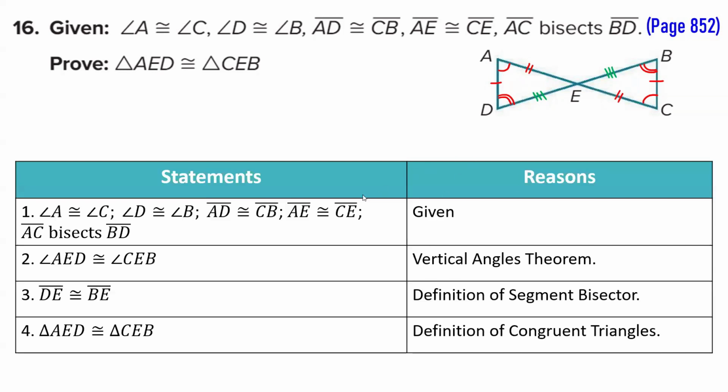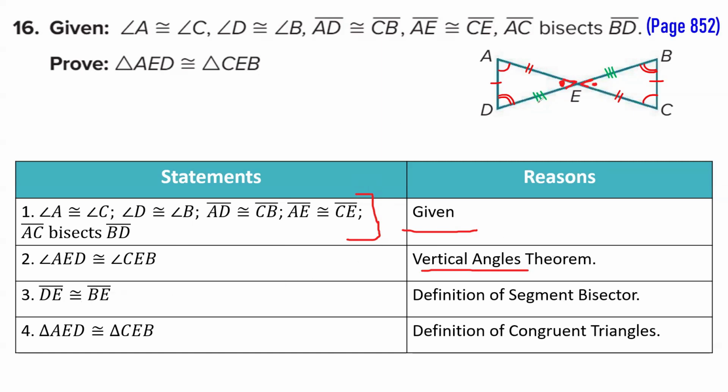So how to write that? Start by writing the given. As you see here, start by writing the given. And then you need to show that this angle, the third angle here, is congruent to the third angle in the second triangle. Why is that? What is the reason? The reason is that these two angles are vertical angles. So this is the vertical angles theorem.